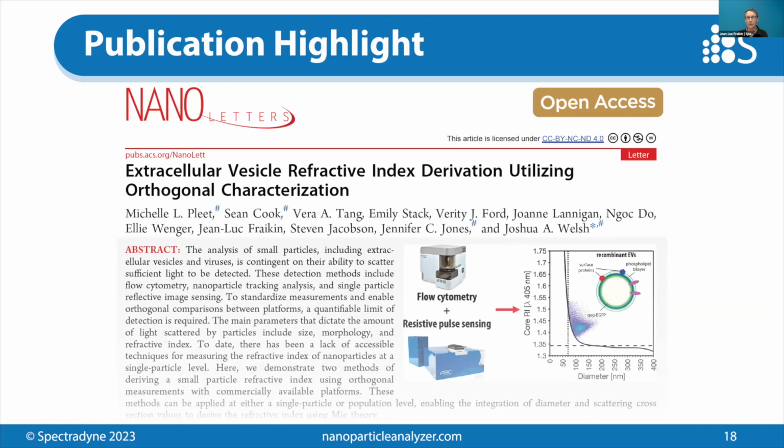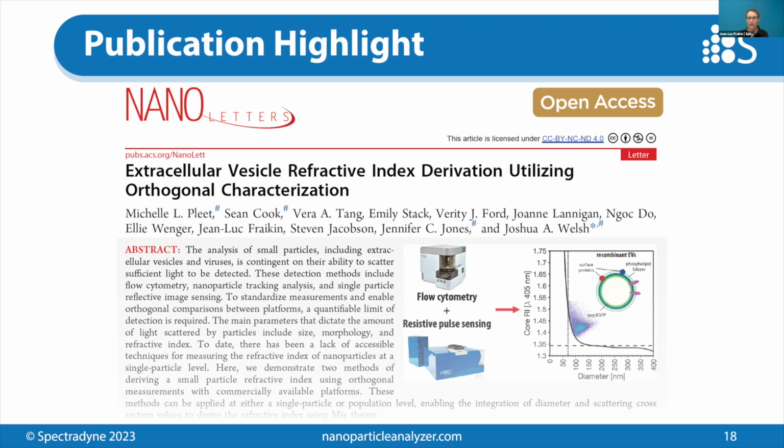Before we get into it, I want to just draw your attention to this recent publication in Nano Letters. This is from Josh Welsh, Joanne Lanigan, and others at NIH. The reason I want to highlight this is because it shows the importance and the power, really, of using orthogonal techniques to measure nanoparticles.